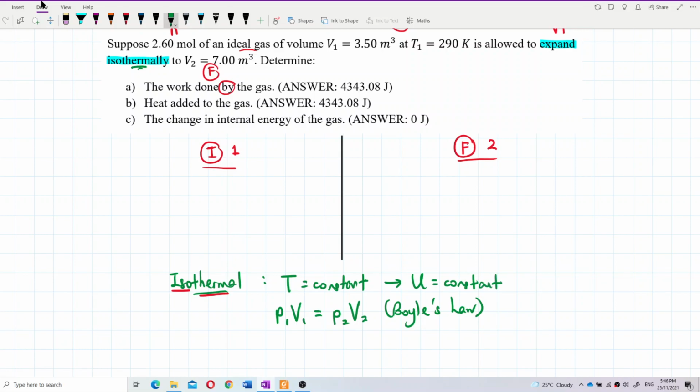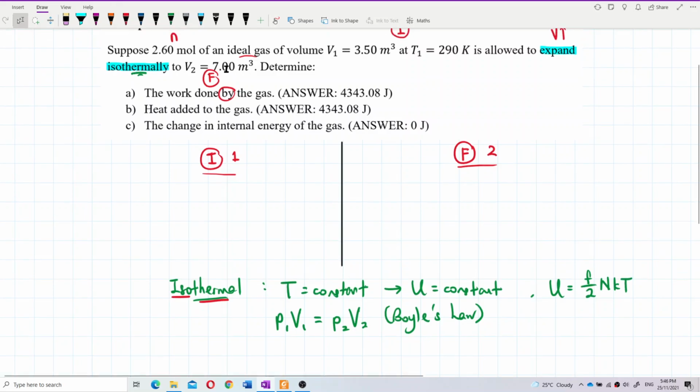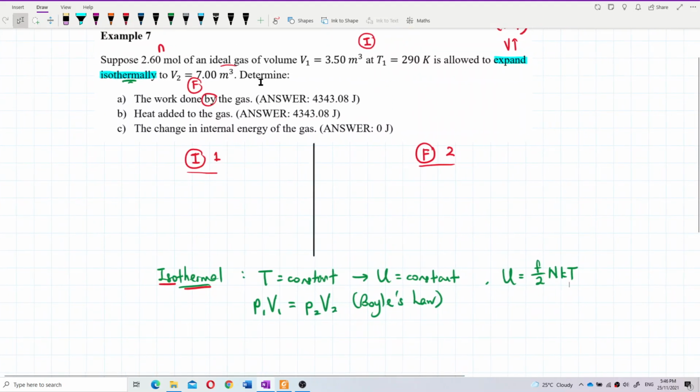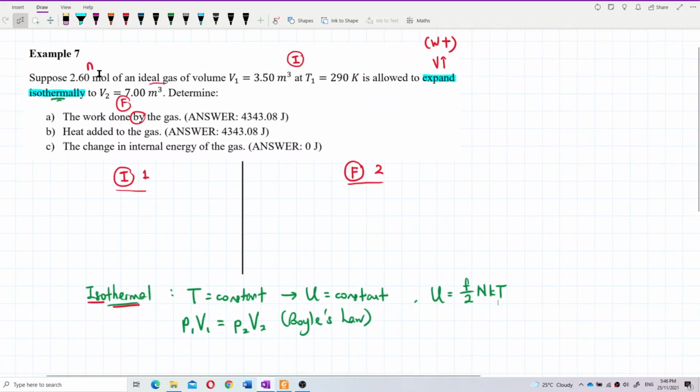constant. Why? Because the formula of internal energy is f/2 nkT. But see here, he gives us the number of mole n.